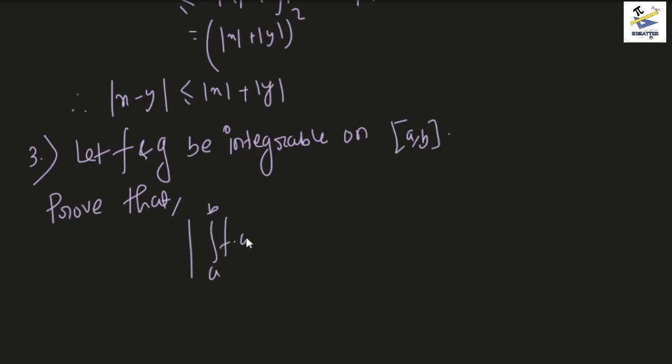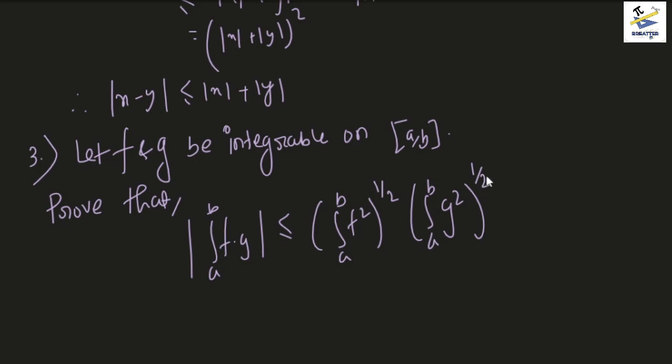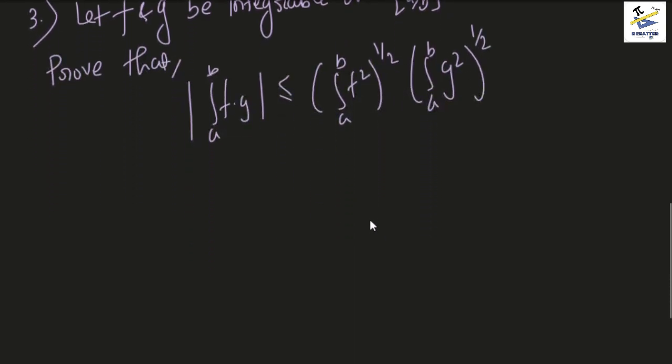So the norm of the integration of f dot g should be less than or equals to the integral from a to b of f square to the power half into the integral from a to b of g square to the power half, right? Now well, obviously equality holds when the function f is a linear multiple of the function g. This is basically another Cauchy-Schwarz inequality type problem.